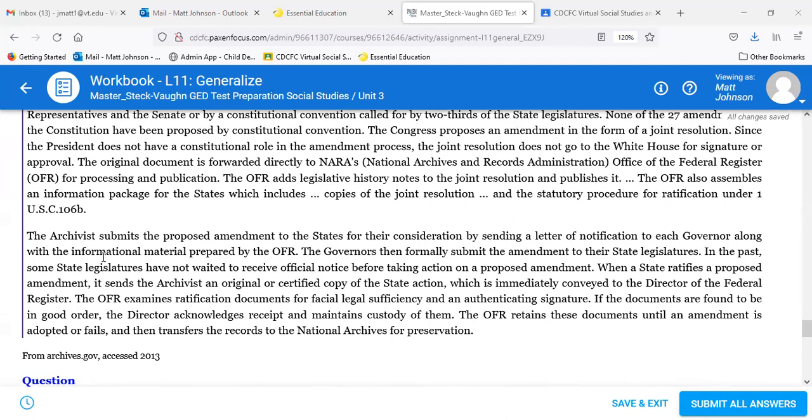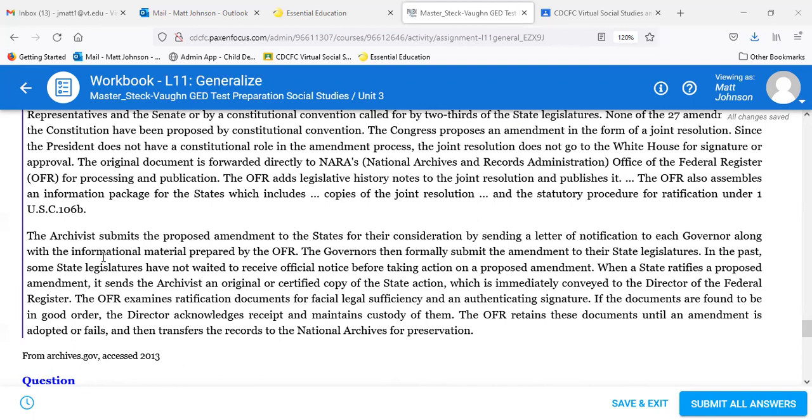Sasha Gay, you want to finish with the next paragraph there? The archivist submits the proposed amendment to the states for their consideration by sending a letter of notification to each governor, along with the informational material prepared by the OFR. The governors then formally submit the amendment to their state legislatures.